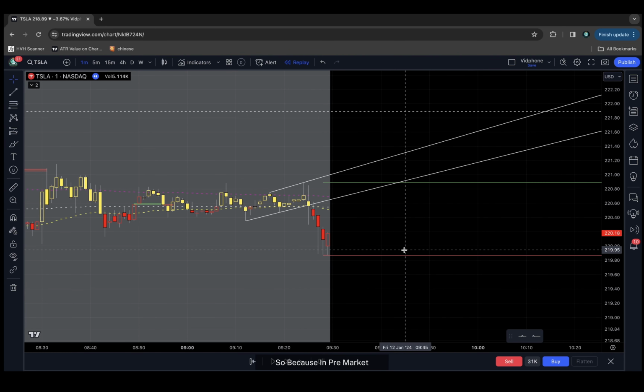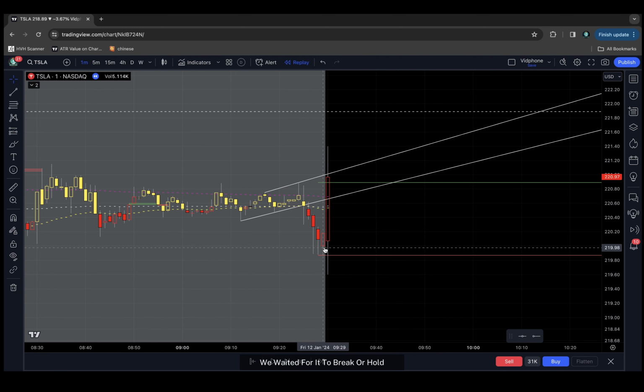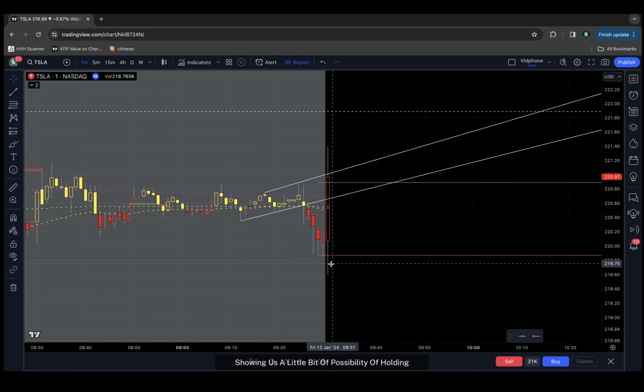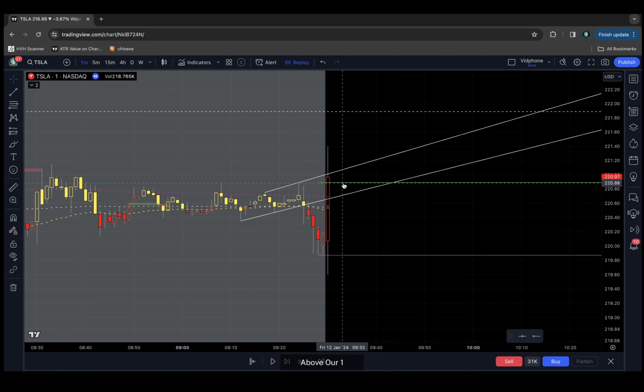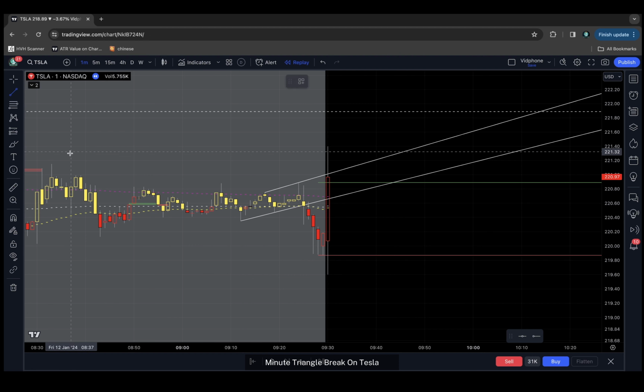So because in pre-market we started holding that 220 level very strongly, we waited for it to break or hold, and once Tesla started showing us a little bit of possibility of holding, we took it long above our 1-minute triangle break on Tesla.